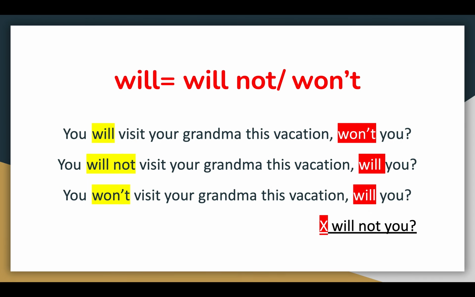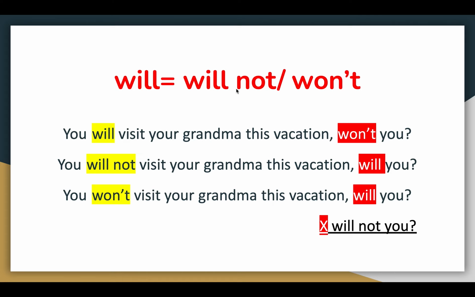Now, notice there was an example earlier. Let's focus on explaining a little bit more about will. If you transform will into a negative tag, we say will not or won't. If you encounter won't, that's basically will not.